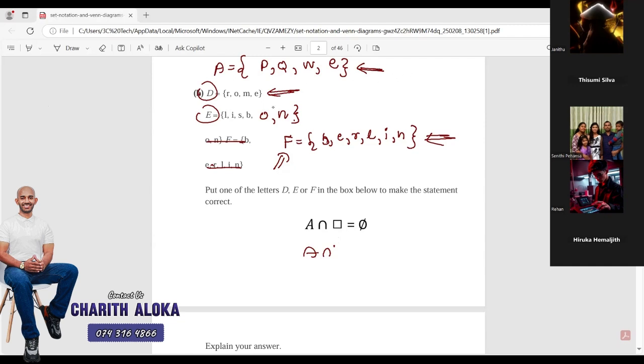But we can't find common elements for E and A. There are no common elements for E and A. Therefore, here you write E. Null set. Inside the bracket here put E. Okay. That's all for that question. And now we can start the next one.